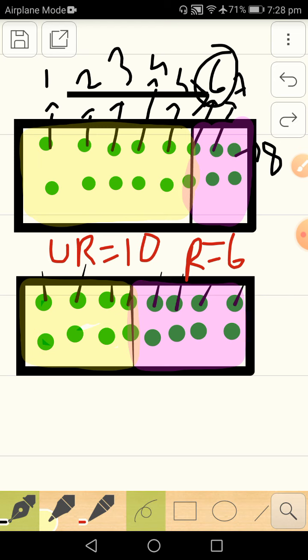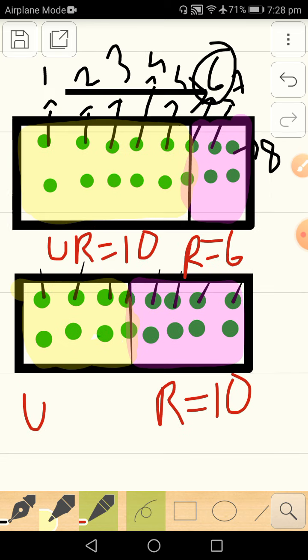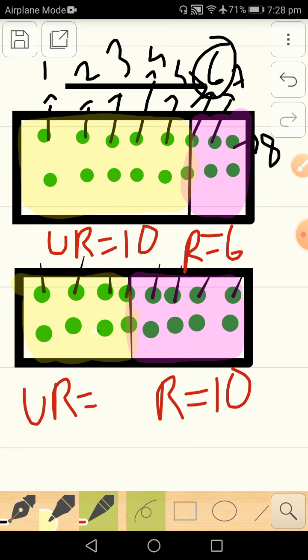Now count how many reactive particles are here. We have 1, 2, 3, 4, 5. That means 5 twos are 10. So here we have 10 reactive particles, and the number of unreactive particles would be 6, isn't it? 2, 4, 6.